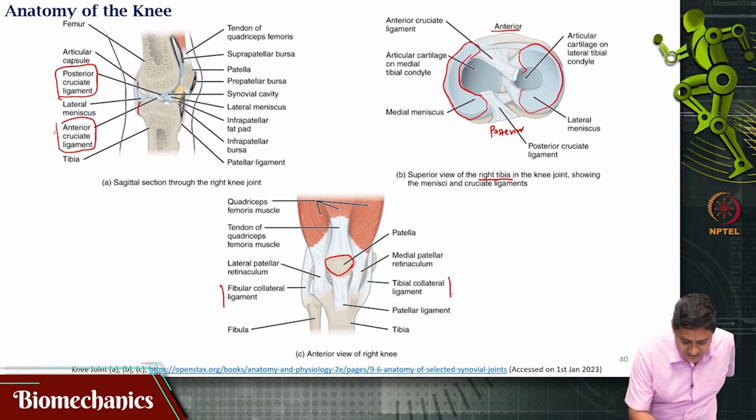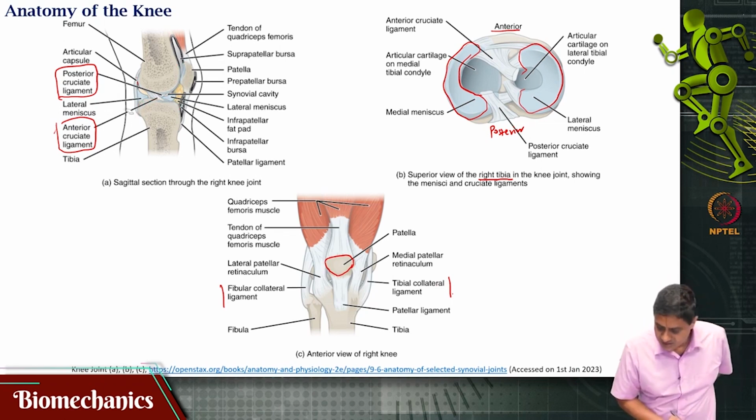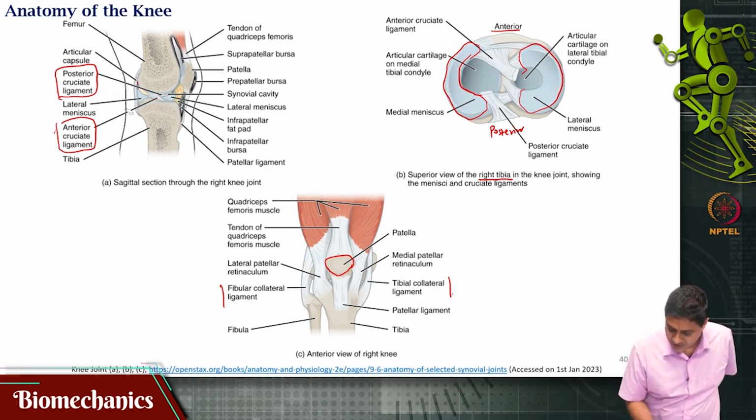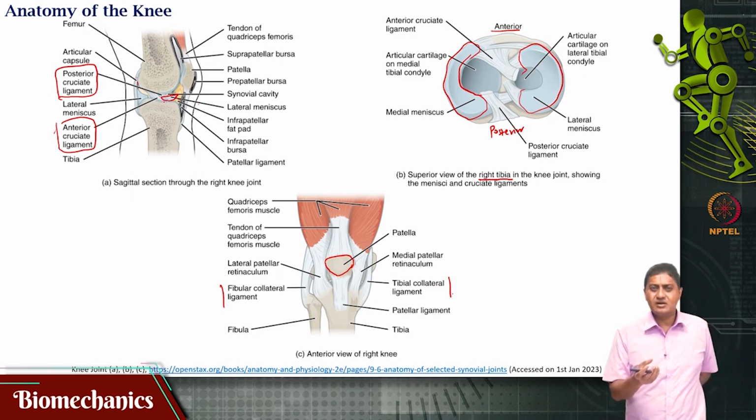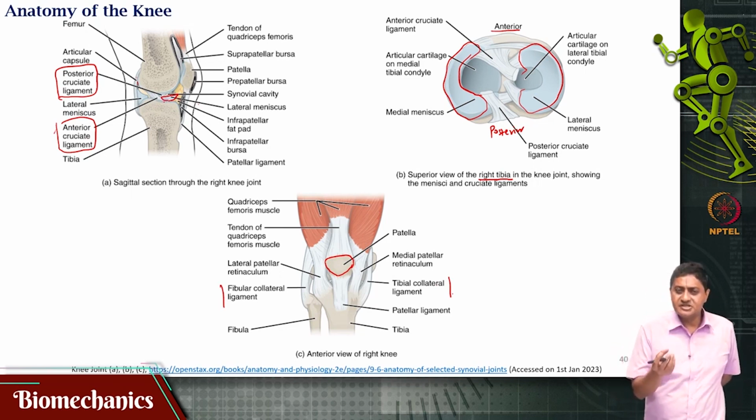There are two menisci, shown here is one of them, the lateral meniscus, for example. What are these? These are pad-like fibrocartilage material, pads that are going to provide some kind of cushion, some kind of interacting material between the two bones that are interacting.